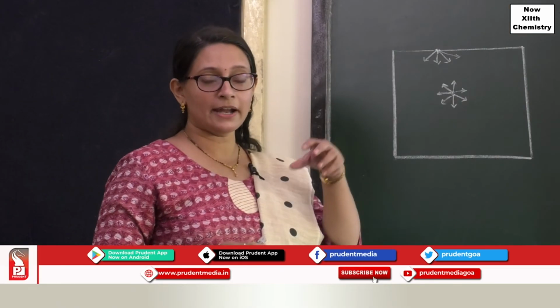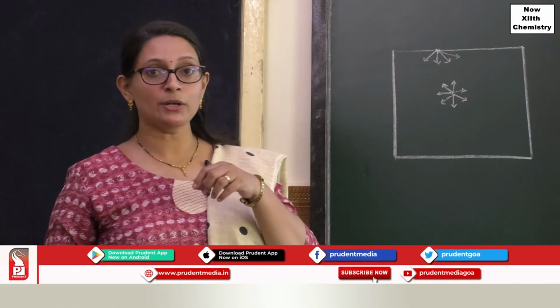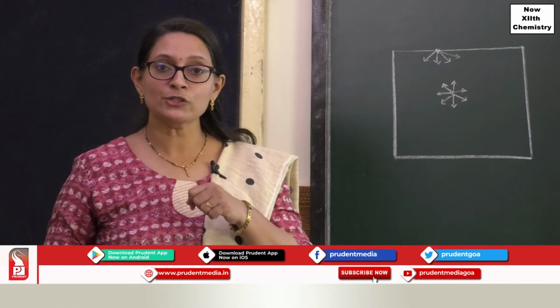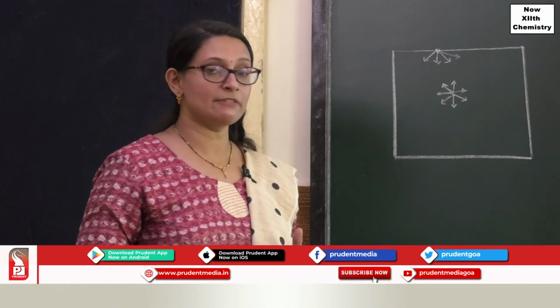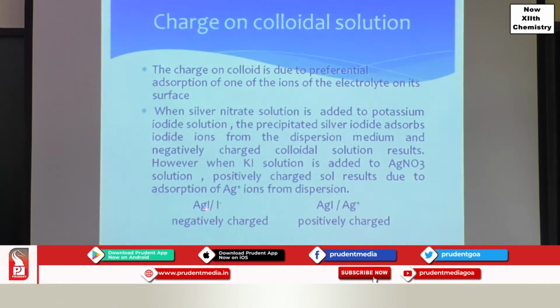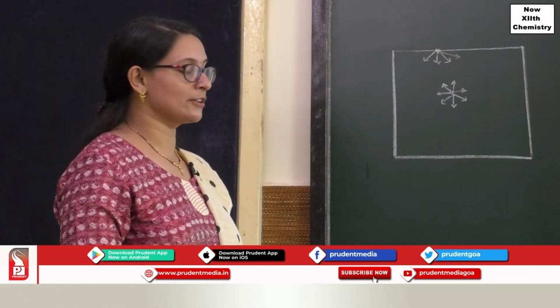Now, when silver nitrate is added drop by drop to the potassium iodide solution, it is going to form the precipitate of silver iodide. Then this silver iodide precipitate is going to selectively adsorb negative iodide ion on its surface and peptization is going to occur. So, naturally the colloidal particle is going to get a negative charge. So, it forms a negatively charged sol.